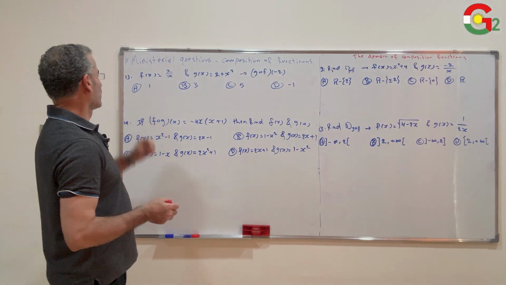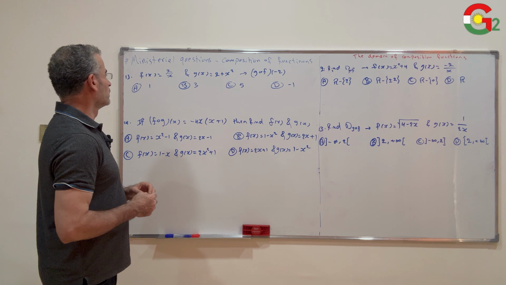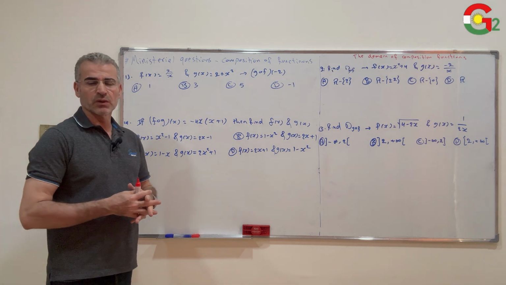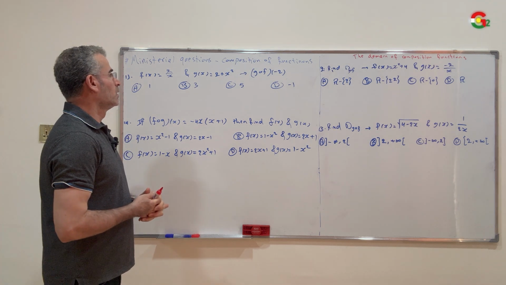Question number 13. F of x equals 2 over x, g of x equals 2 plus x squared.